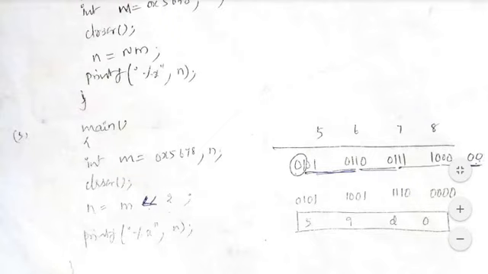Left shift 3 means you add 3 zeros on the right hand side. So here M left shift 2: add 2 zeros on the right hand side and cut 2 digits on the left hand side. I repeat, you add 2 zeros on the right hand side and you cut 2 digits on the left hand side. Now group it into 4 digits.